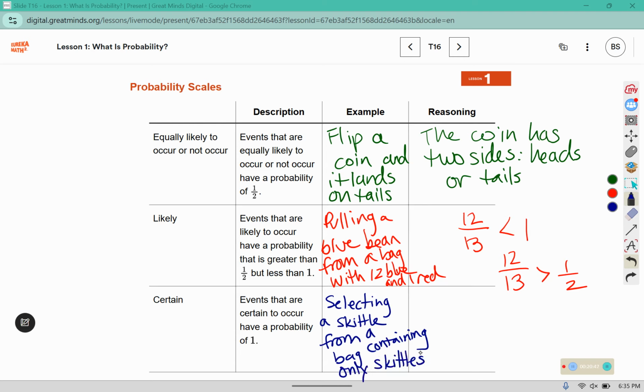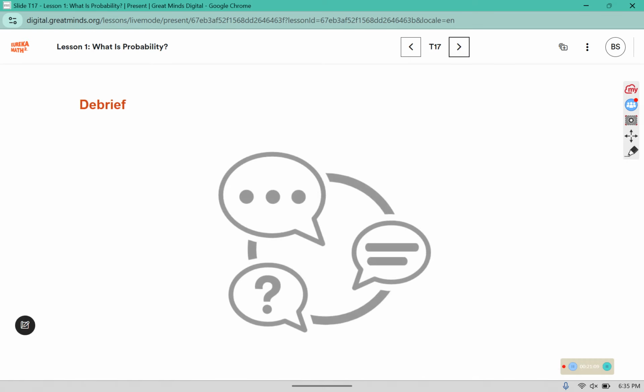There are no other candies in there, so the only possible option is to pull a Skittle. That is the introduction into probability for Module 6. We'll talk more about probability and statistics in the upcoming lessons.